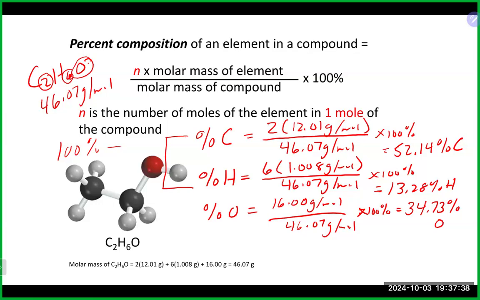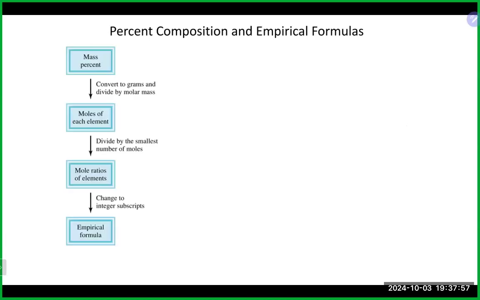So percent composition by mass is very commonly used with empirical formulas and molecular formulas. They give you the percentage of each of the elements in the compounds, and you could use that information to calculate something like the empirical formula or the molecular formula. So let's talk about those two formulas.